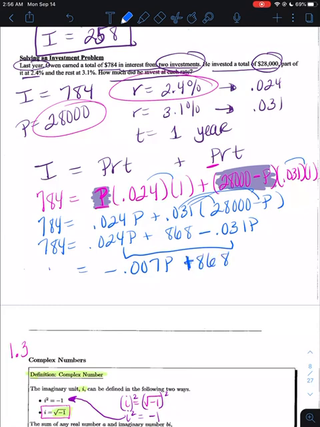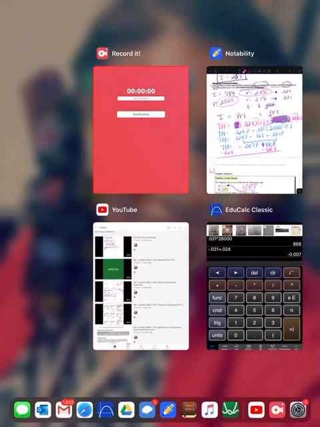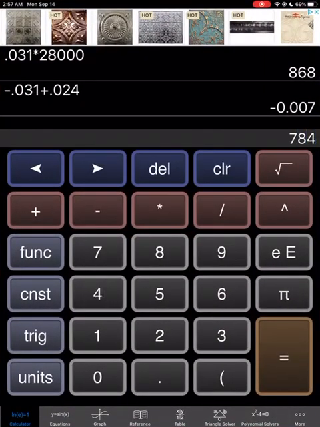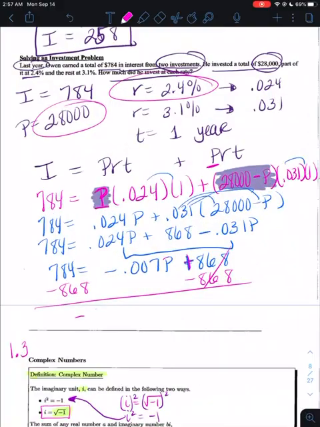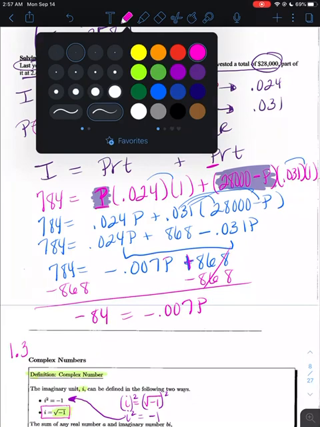All right, and no one likes dealing with decimals or fractions, but we have to deal with it. So to get P by itself, I'm going to subtract 868 from both sides. So 784 minus 868, I get negative 84 equals negative 0.007p.